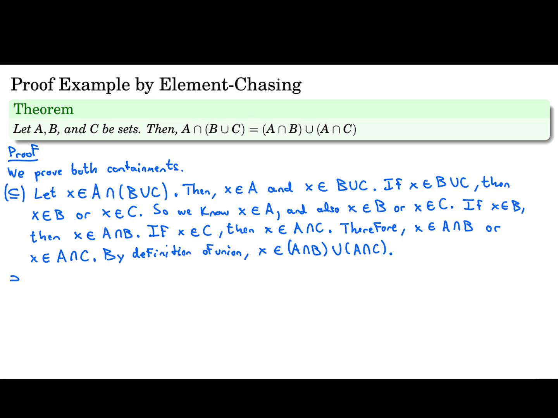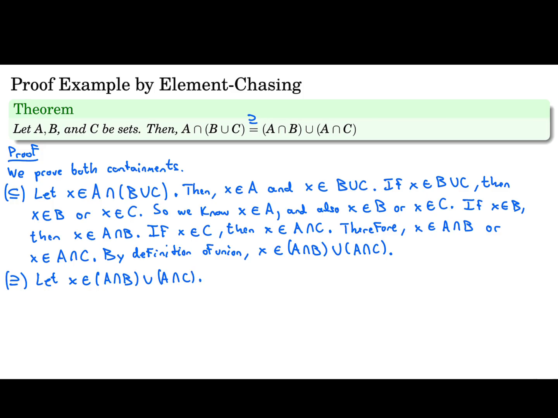And so now we need to prove the other side of the containment, the other direction. We need to show that every element on the right-hand side is also in the left-hand side. So again, let X belong to the right-hand side, A intersection B union A intersection C. What does this mean?